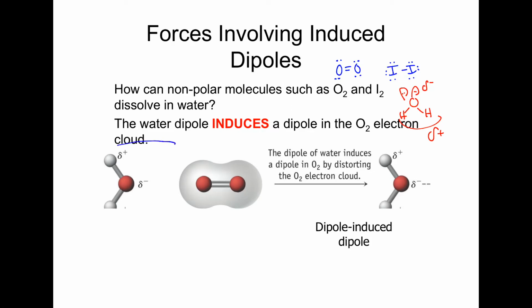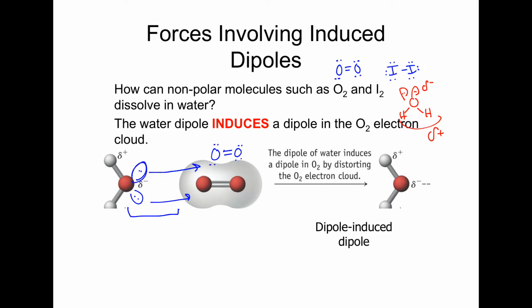And what happens when these interact with each other, so this is our water, and this is our oxygen gas here. What happens when these things get together is that the electron clouds on the water push away the electrons on the O2.